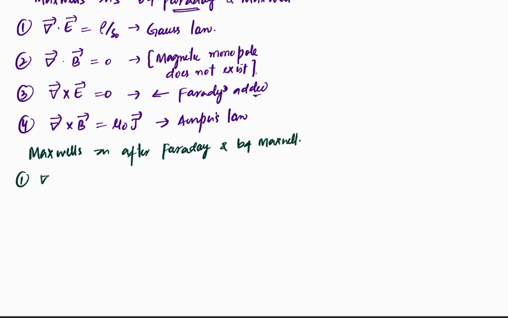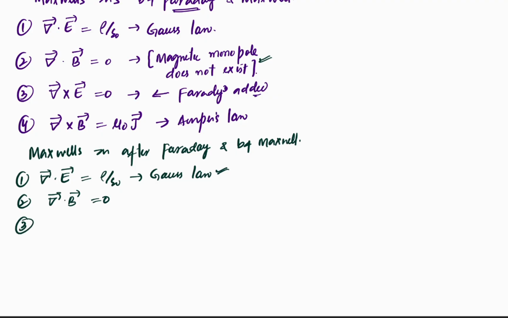So first one is del dot E equals rho by epsilon 0. Again, this is Gauss law. Then second is del dot B equals 0. You know, a magnetic monopole does not exist, so this will always remain the same. Okay, there is no problem, and this also remains the same.